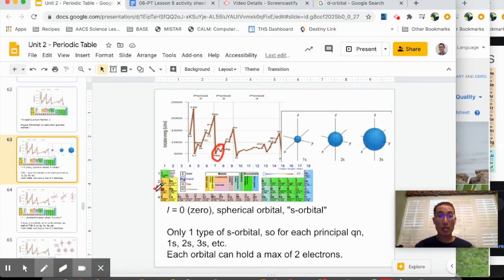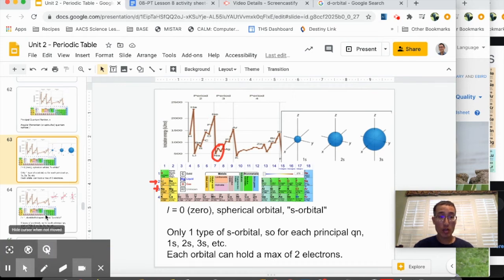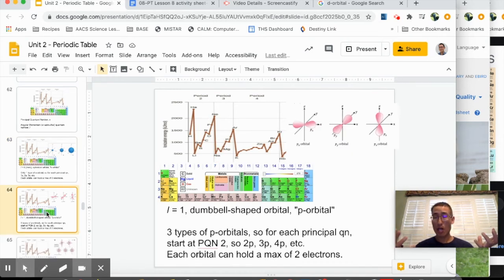Now, you're saying, well, this row here, the second row, has 2 electrons here for the 2s suborbital, but I have all these other electrons. They need to go somewhere, and they can't fit in the 2s orbital because it can only hold 2 electrons. And that's where the next set of orbitals comes in.